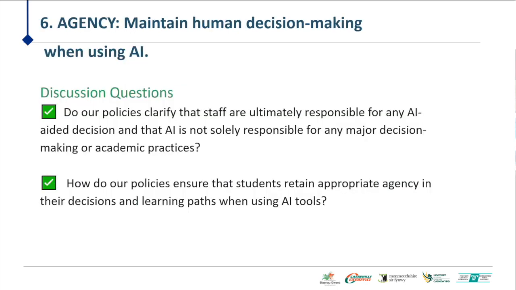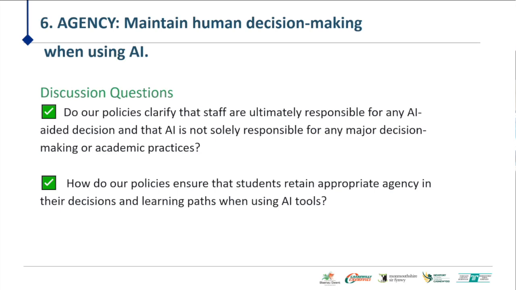Then when we move to principle 6, and we think about agency and maintaining human decision making, any decision-making practices supported by AI must enable human intervention and ultimately rely on human approval processes. These decisions include things such as instructional decisions, assessments, operational decisions such as hiring and resource allocation.